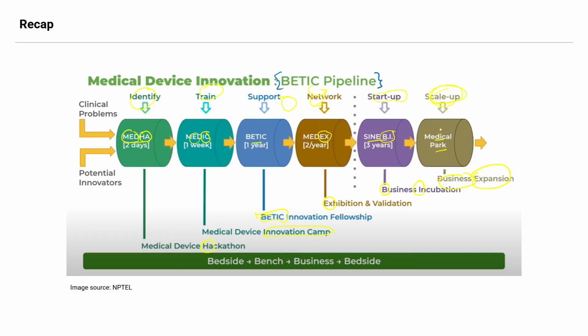So it is also used for scaling up your operations. One can also write that although Medical Park is about business expansion, what is the primary job of a Medical Park? And that's where the response could be around scaling up.